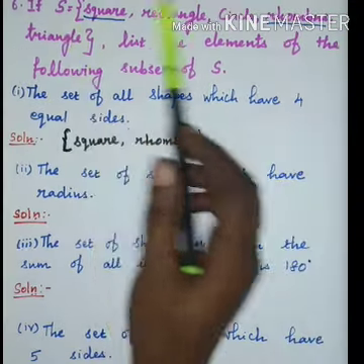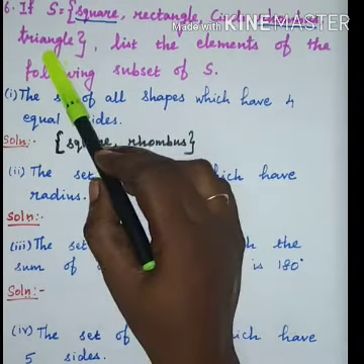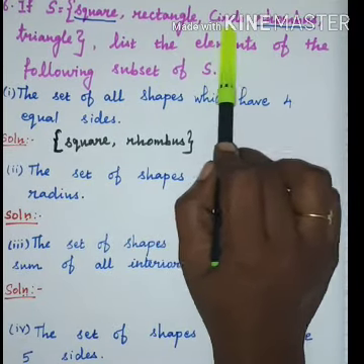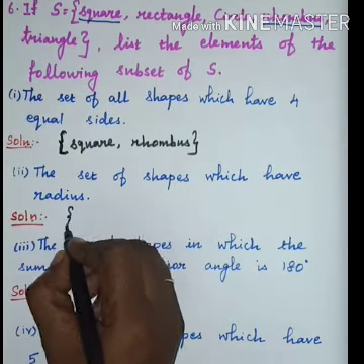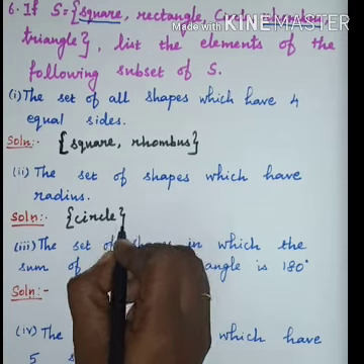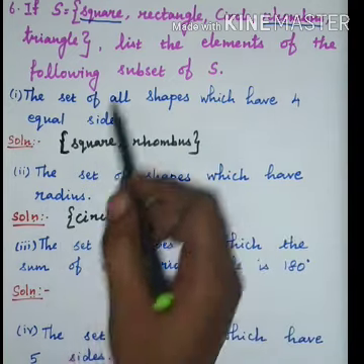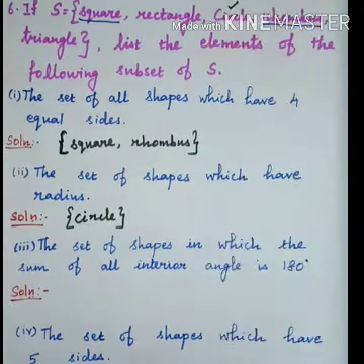In this set S, which shapes have radius? The only shape which has radius is circle. So the answer is circle. Is it clear? The only shape which has radius is circle.